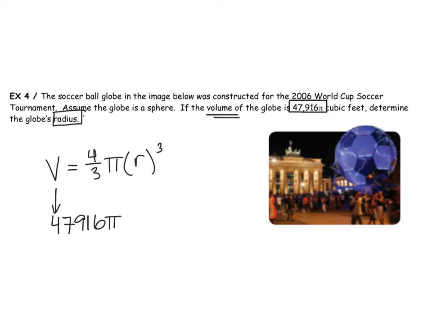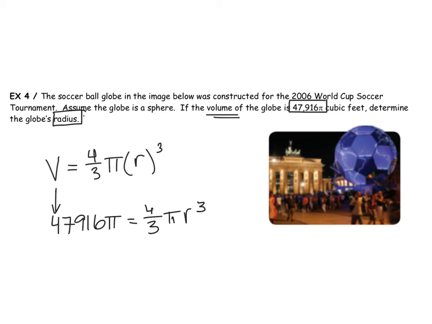So because I'm given the volume, I'm going to write down my volume formula, 4/3 pi times r cubed. And I'm going to plug in what I know. I know that the volume is 47,916 pi, and I'm looking for my unknown radius.